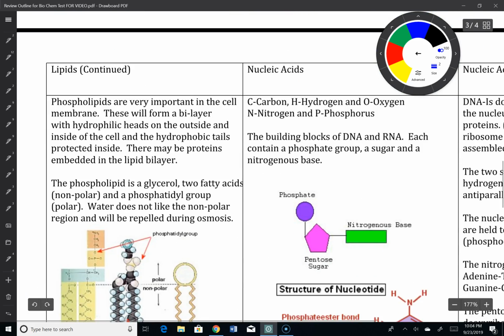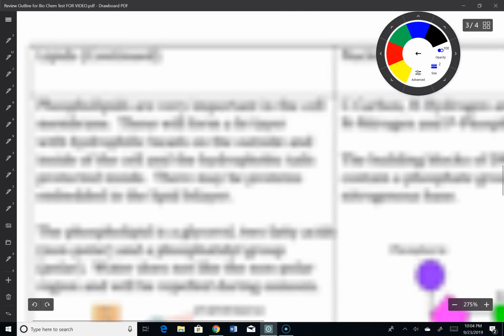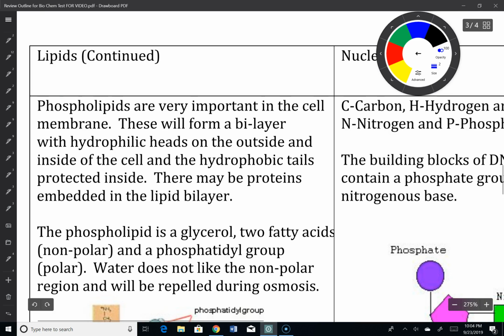Okay, lipids continued. Phospholipids, now these guys get the asterisk, so they're lipids, but they're not in the true lipid family, which we talked about. Here, these guys are going to form the cell membrane. Now, cell membrane is extremely important because it's a lipid bilayer, which means it's 2 layers. And we'll draw it something like that. This is the head, which is hydrophilic.